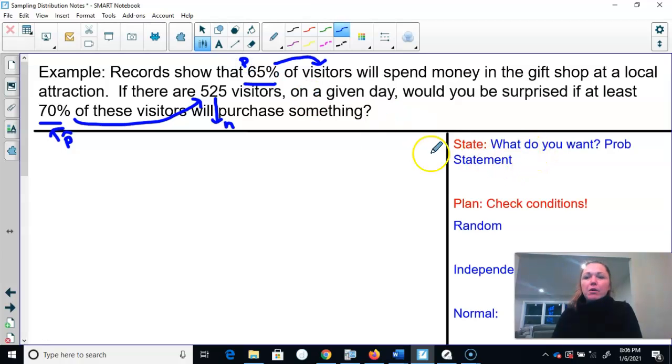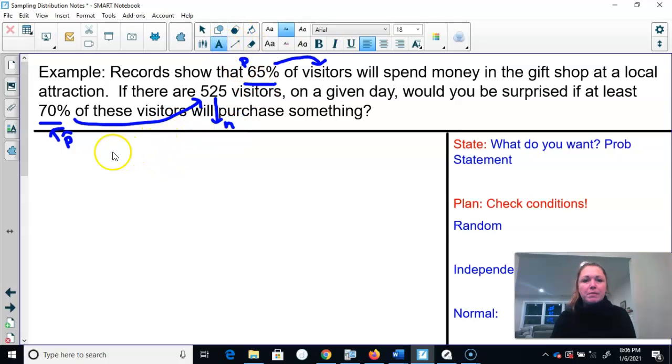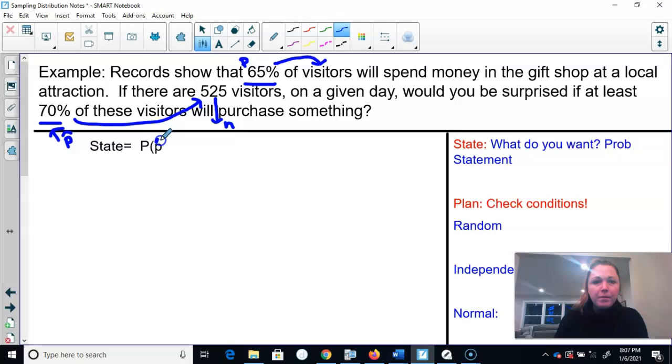Now the first one is state. What do we want to know? Would we be surprised if at least 70% of these visitors will purchase something? So state, guys, we want a probability statement. We want to know what is the probability that p hat, and I'll make a little hat over it, is going to be greater than or equal to 0.70.